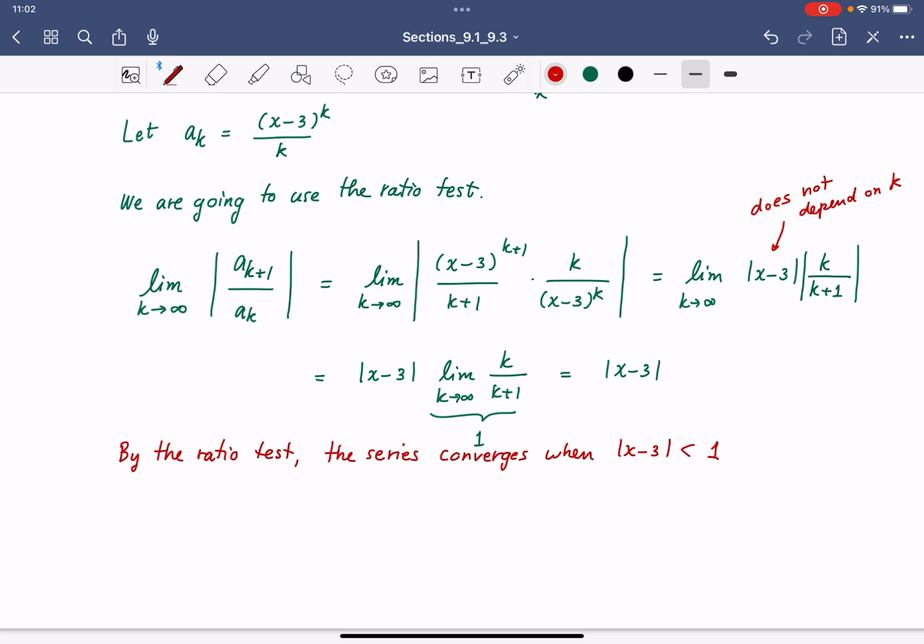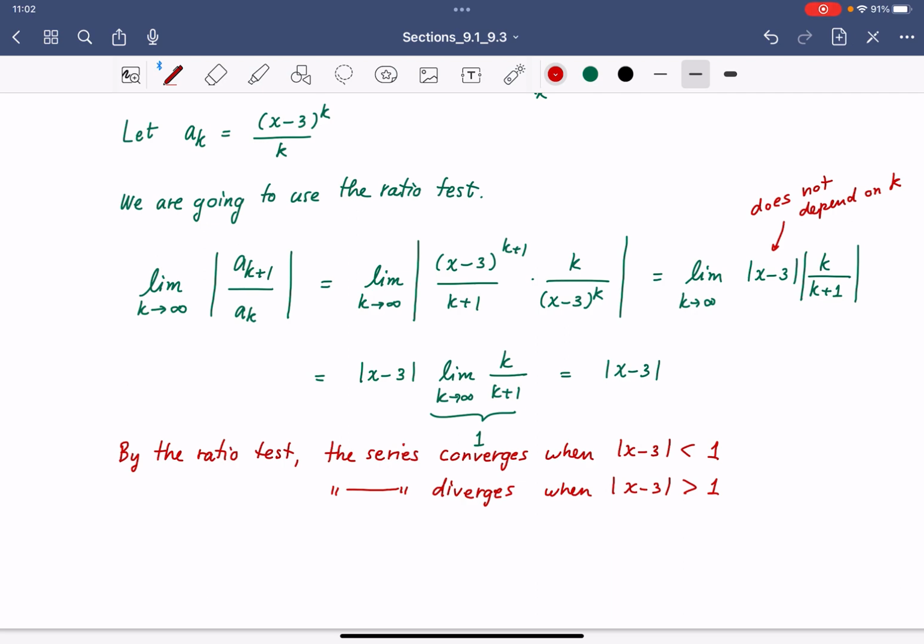You know that it's going to be convergent when absolute value of x minus 3 is less than 1 for sure. This is the result by the ratio test. And the series is going to diverge when absolute value of x minus 3 is bigger than 1. So this is the conclusion for the ratio test.